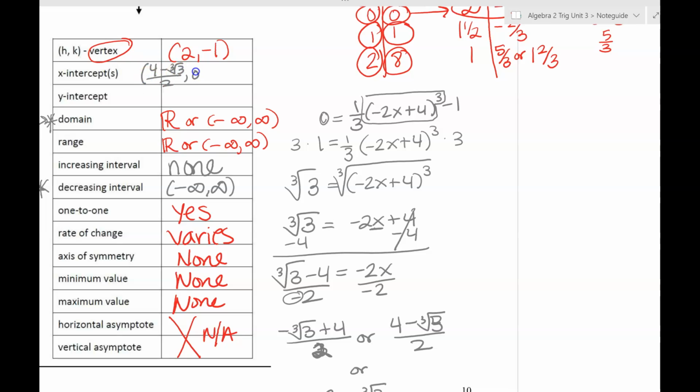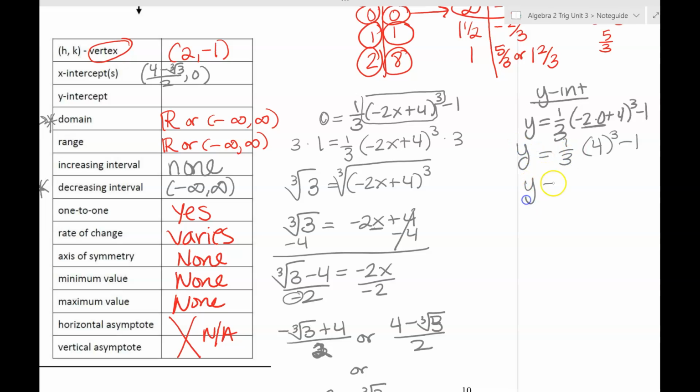And then for our y-intercept, we're going to plug 0 in for x, which isn't necessarily simple, but it's usually a little simpler in the fact that y is already alone and we just have to follow order of operations. So this will be 0 plus 4 would be 4 cubed. 4 cubed is 64.